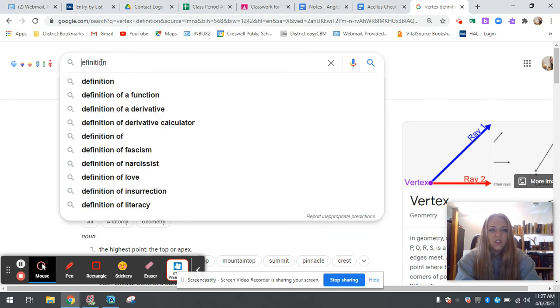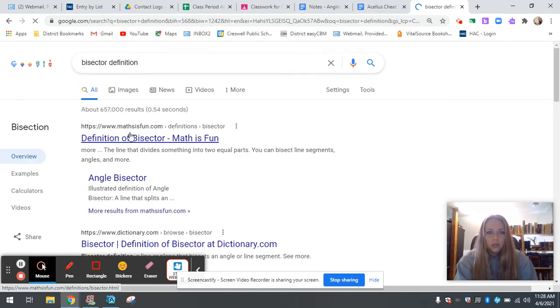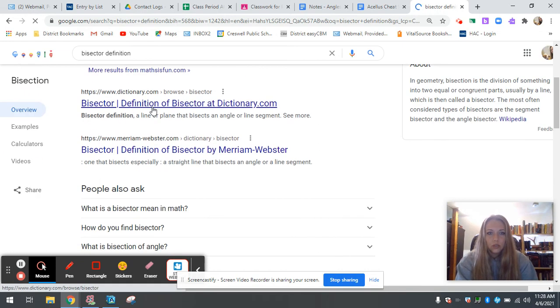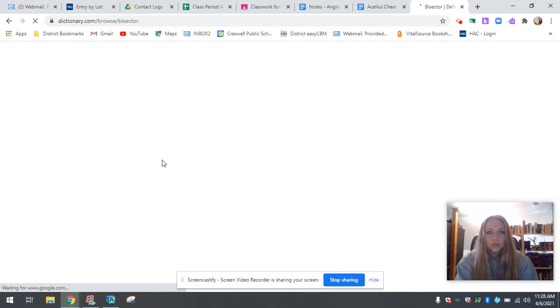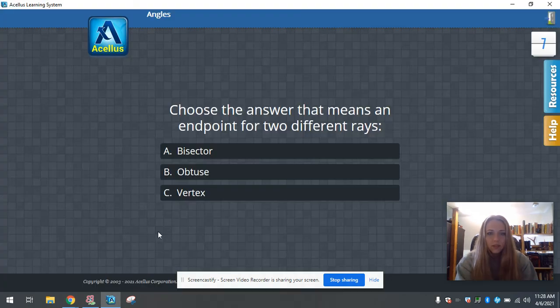I think I got it in the notes, but I'm not sure. I'm still working on them. It takes a while to type them up. Bisector. A line or plane that bisects. So that still doesn't match that definition.